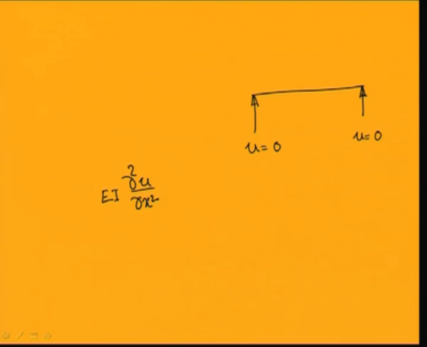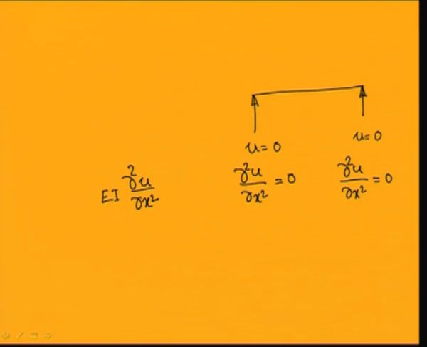So, del square u by del x square will be equal to 0 at the left end, and also del square u by del x square will be equal to 0 here.